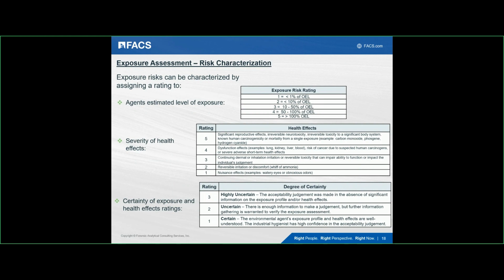But more specifically, you're going to want to look at the agents that are involved in providing an estimated level of exposure, the severity of those health effects, and the degree of certainty that you have regarding the exposures and their health effects.